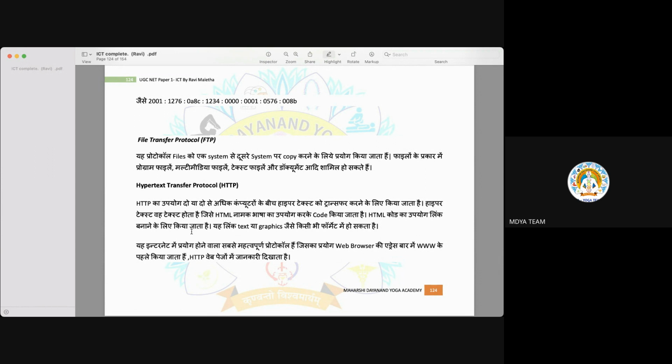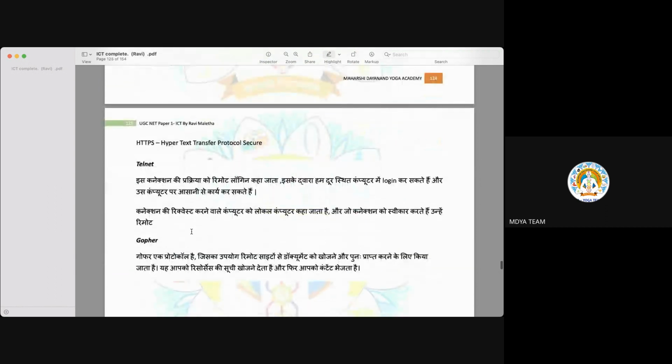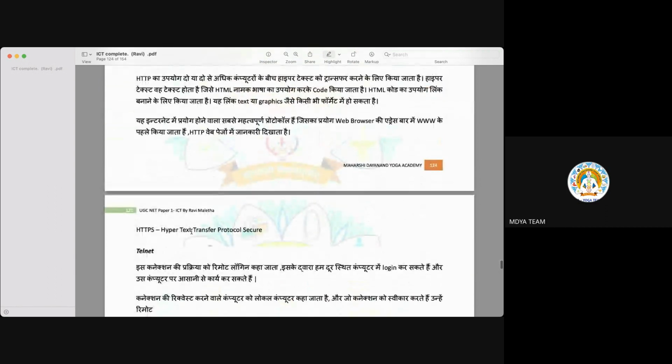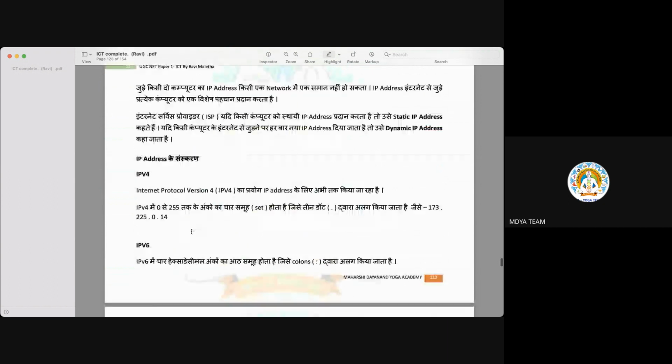I'll try my best to provide some notes which are in Hindi. English notes will be helpful, ma'am. Yeah, I know. But there are terms in English, and I'll try to make the description in English. So you can correlate some, and text wise, yes, I'll try my best to provide some notes.